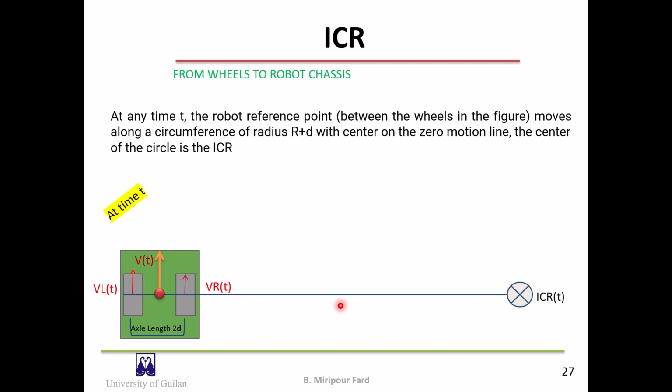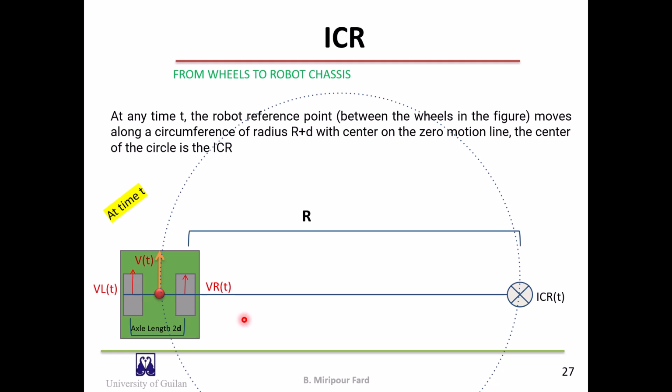At any time, the reference point moves along a circumference of radius r plus d. You can see r here, and since the axial length is 2d, the radius of this circle will be r plus d, and the center is located on the ICR.